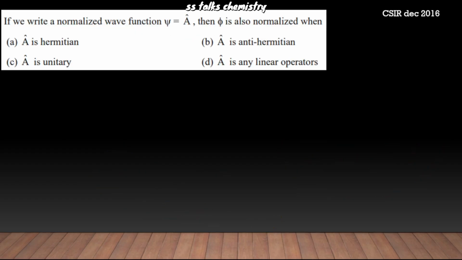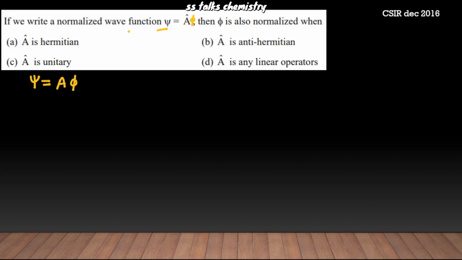Okay. Next, if we write the normalized wave function, which is psi equal to A into phi, then phi will be normalized when which of the conditions is satisfied. So the wave function psi is A into phi.